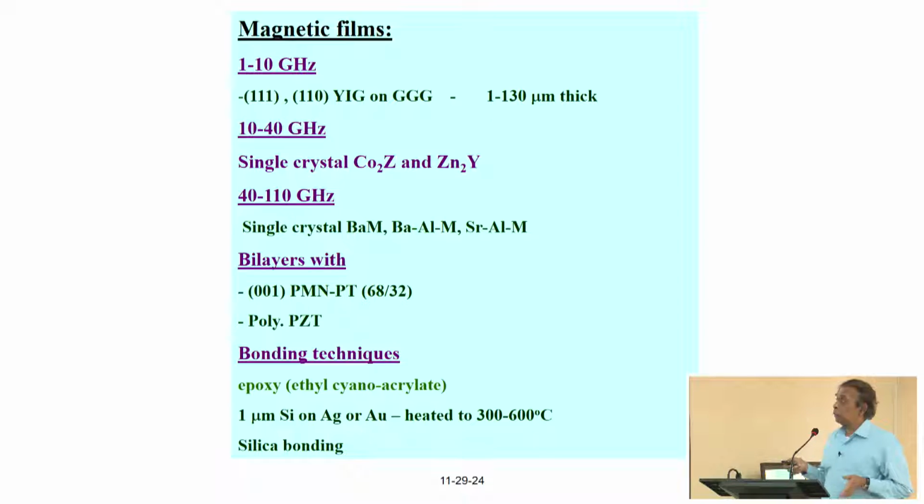So, the growth followed by annealing in oxygen at high temperature and high pressure of oxygen is a key ingredient when you make single crystal M type ferrites.